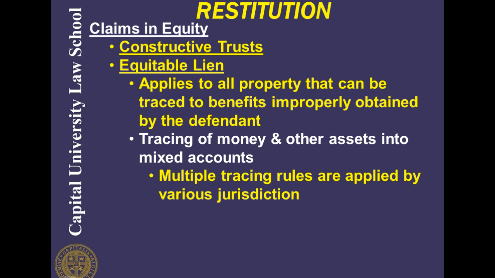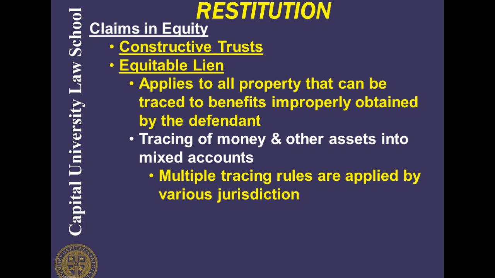Now there are multiple tracing rules that the jurisdictions use. Essentially there are 5 rules that are applied in various jurisdictions today. These rules, as I said, are purely fictions created to decide when mixed funds or mixed property are blended, how to determine which property or funds rightfully belong to the plaintiff and which rightfully belong to the defendant.